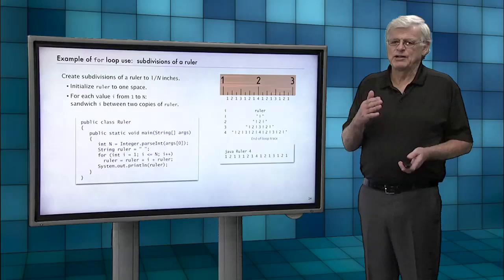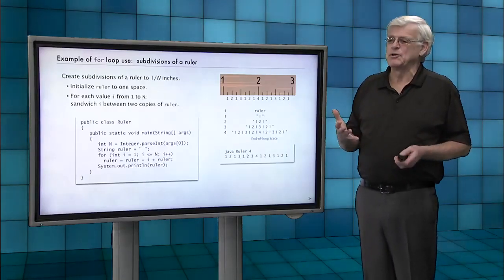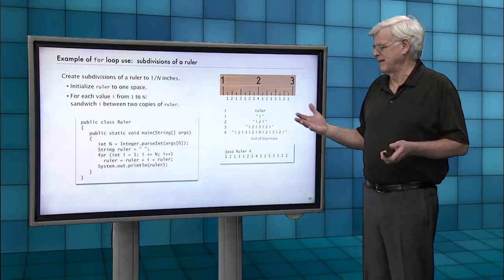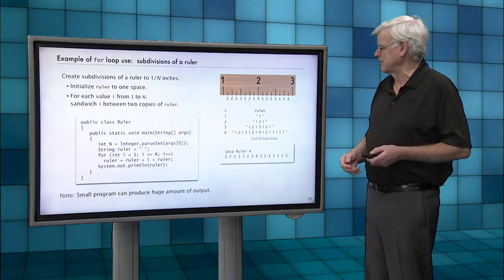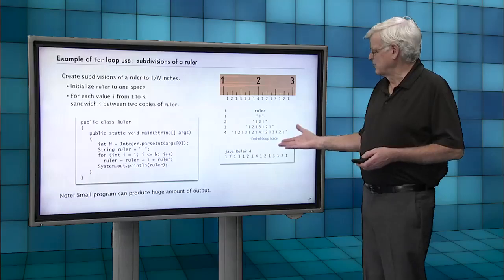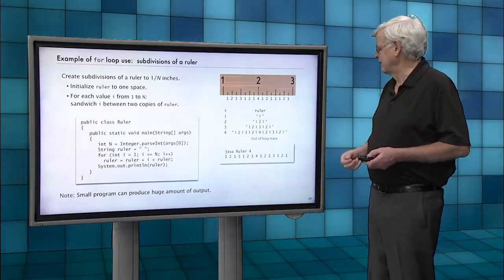Now what's interesting about this computation, and worth reflecting about all the time when you use loops, is that you can really express a huge amount of computation with a small amount of code. In this case, it's pretty easy to produce a huge amount of output with this program. It's a tiny program.